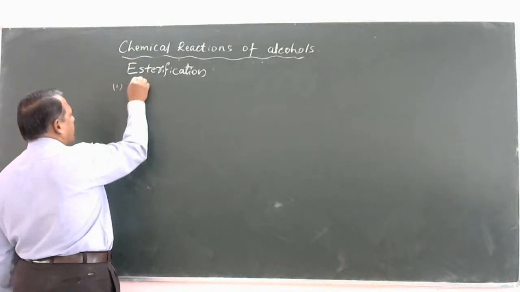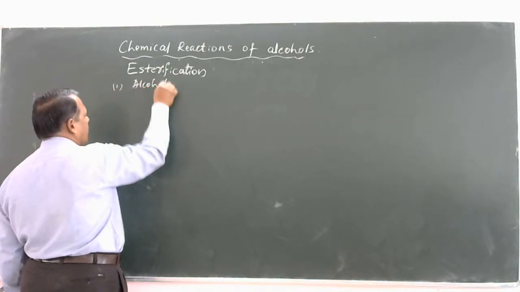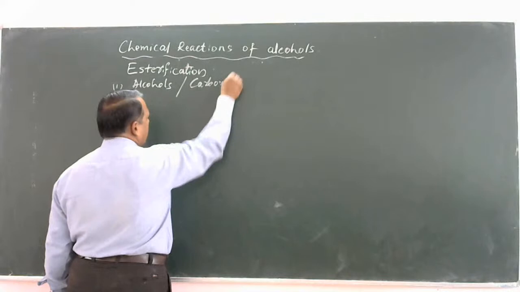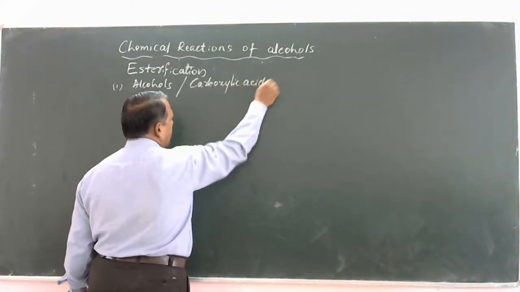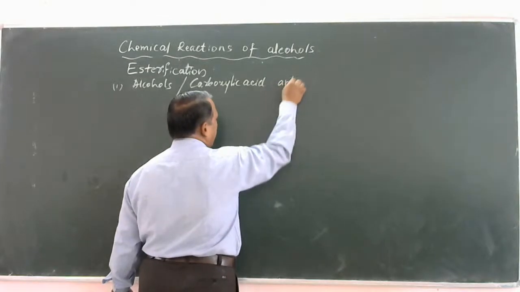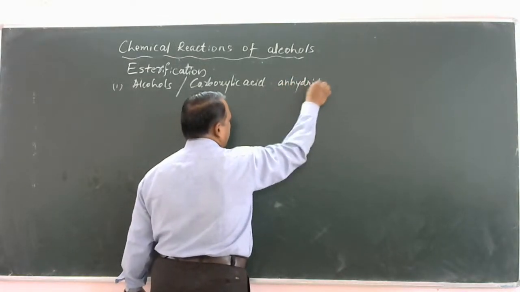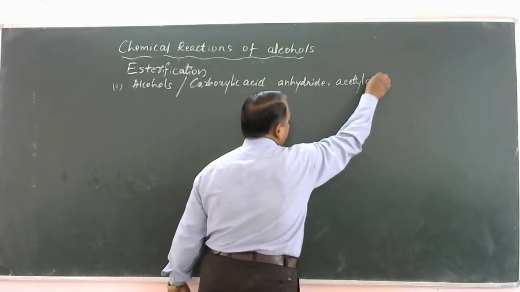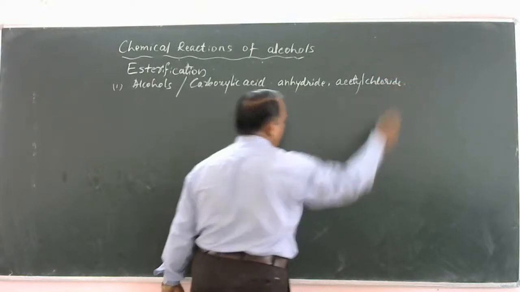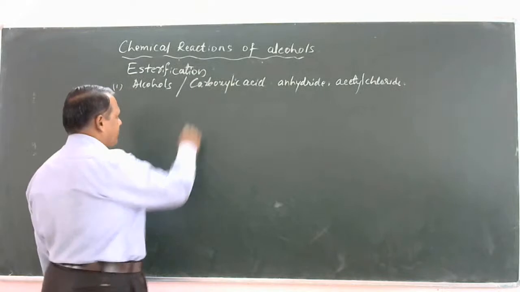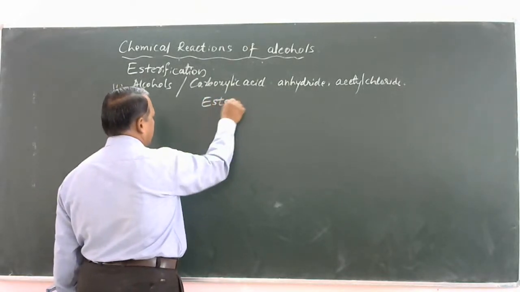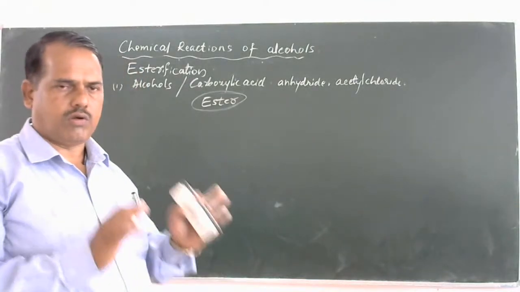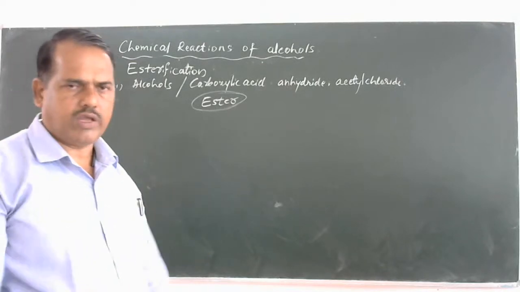See, when alcohols react with carboxylic acid or anhydride or acetyl chloride, we get an ester in the presence of a small amount of concentrated sulfuric acid.